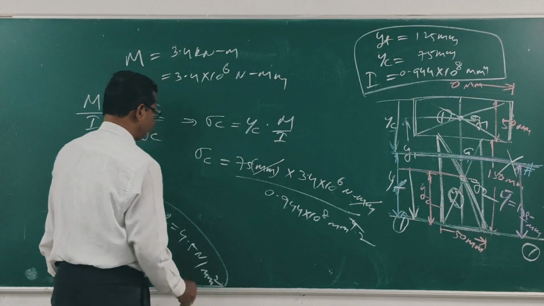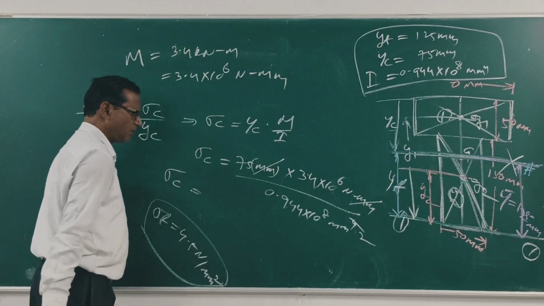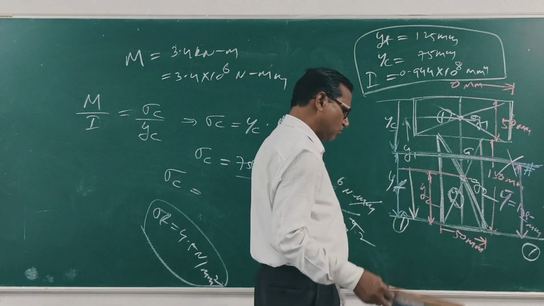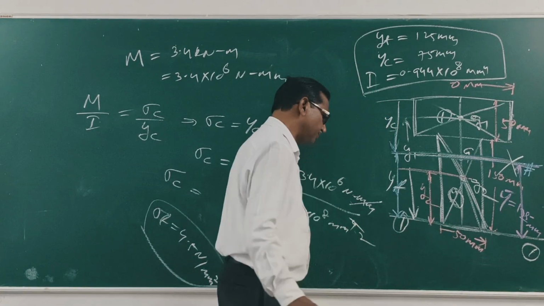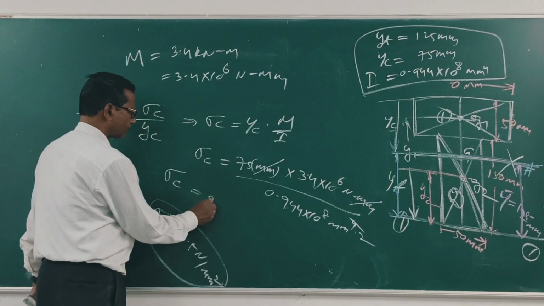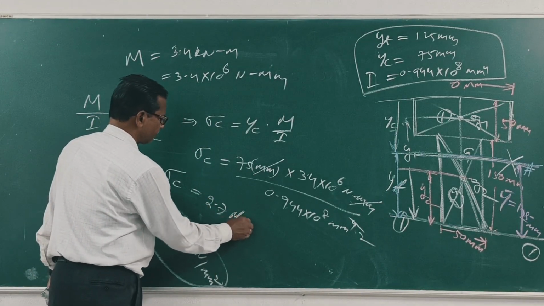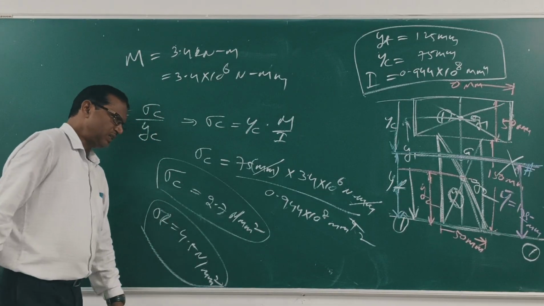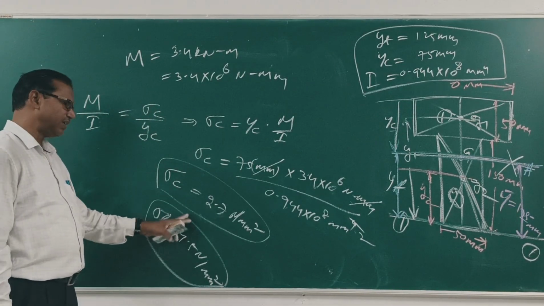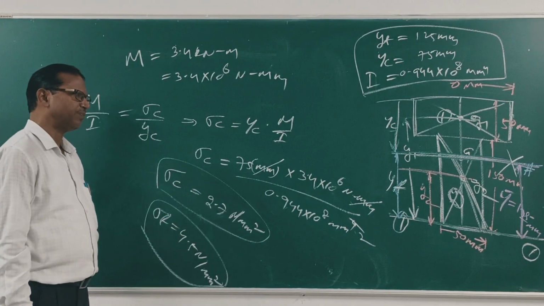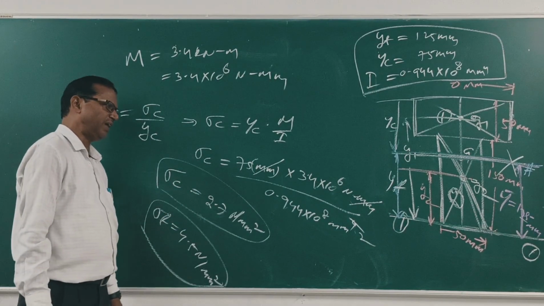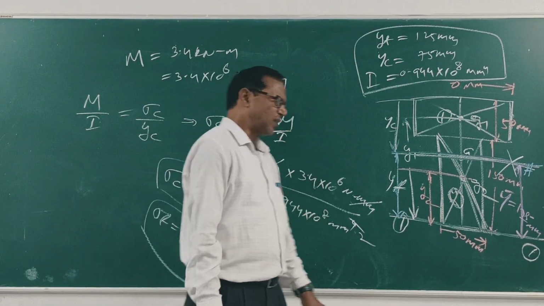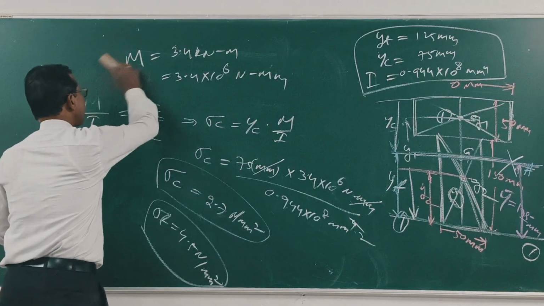Now sigma C, the stress on the compression side, is equal to 2.7 Newton per mm square. This is the stress on the tension side and the stress on the compression side. Now the question is to find the total tensile force induced in this section.